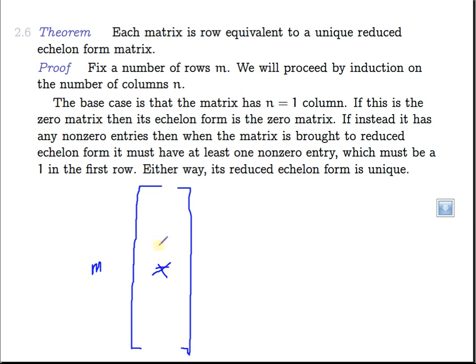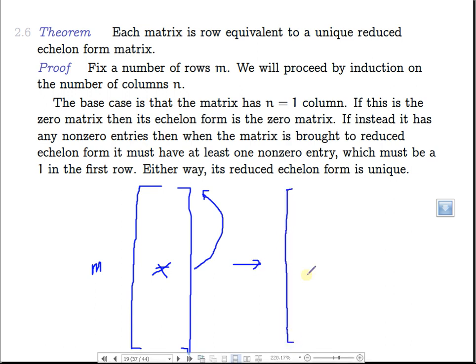Now I don't care about the other rows. I can take this entry up to the top by exchanging rows. And then by row operations, I would get all the other entries 0. And when I do reduced row operations, I would make that first entry 1. So the only possible reduced echelon form is 1 and all zeros here.